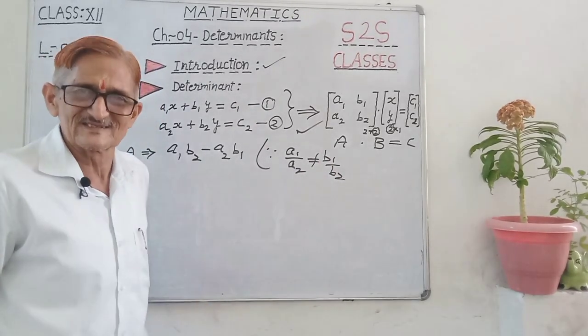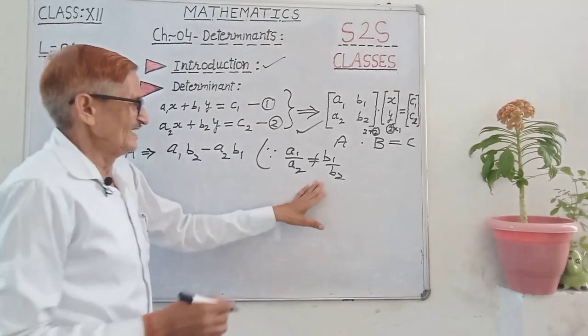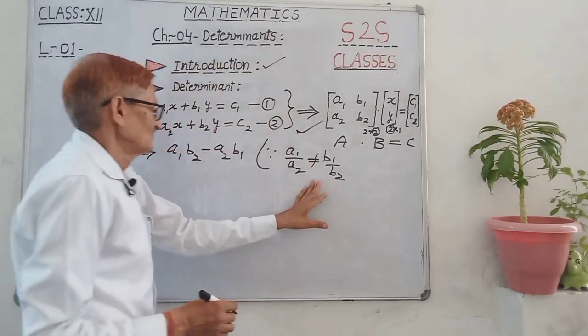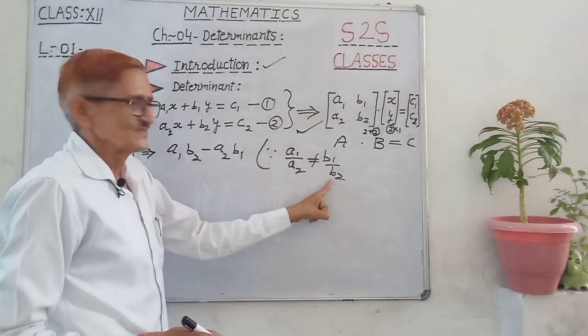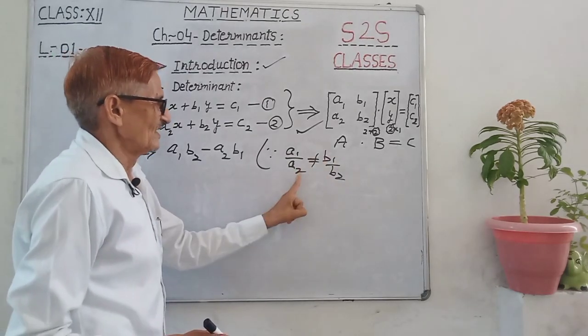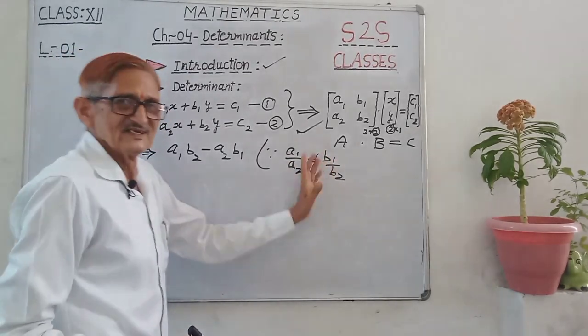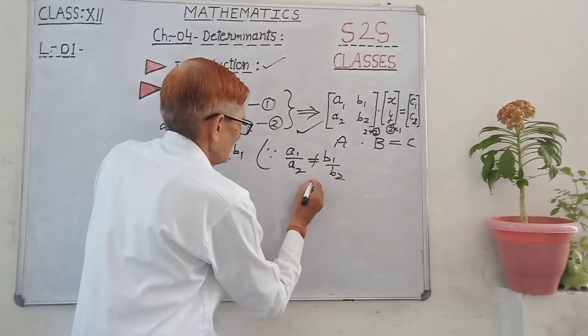So cross multiplying, a1b2 is not equal to a2b1. From this, what is there?